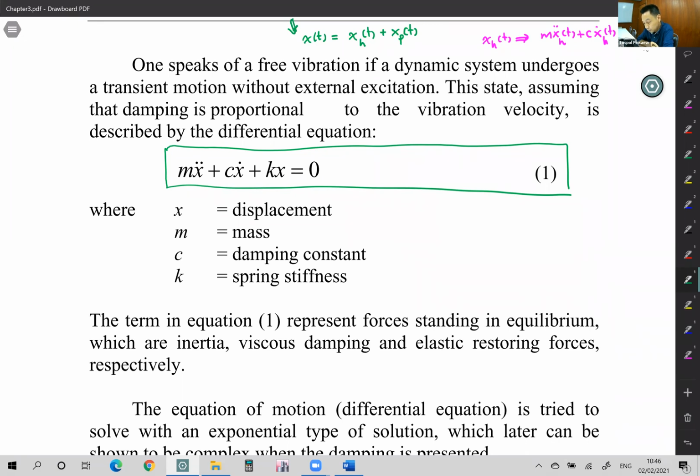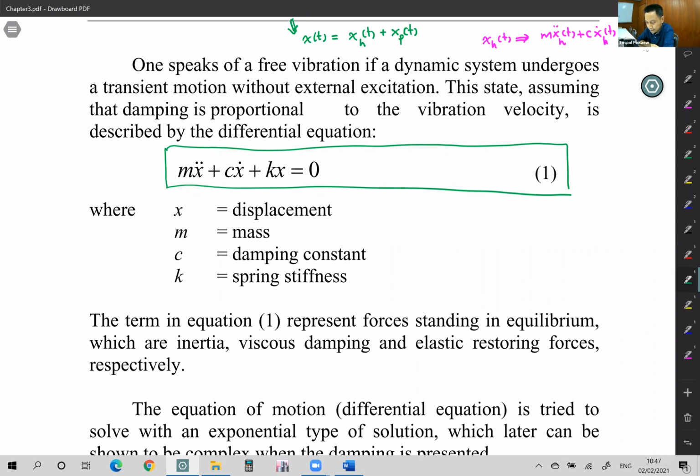So we will focus on some other solution of x, x dot and x double dot that can make this equation equal to 0, even though there is movement in the building.